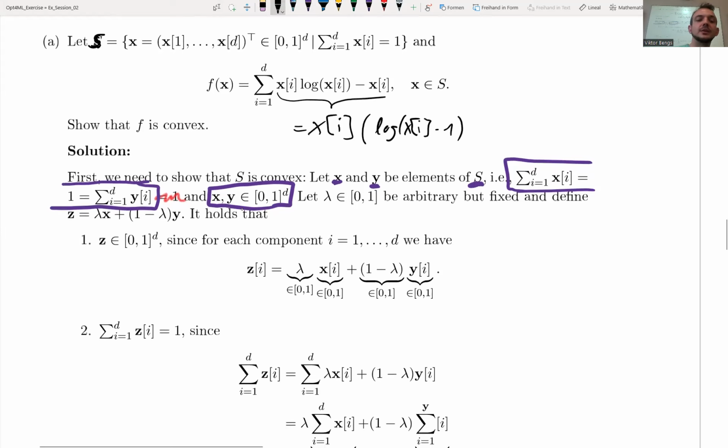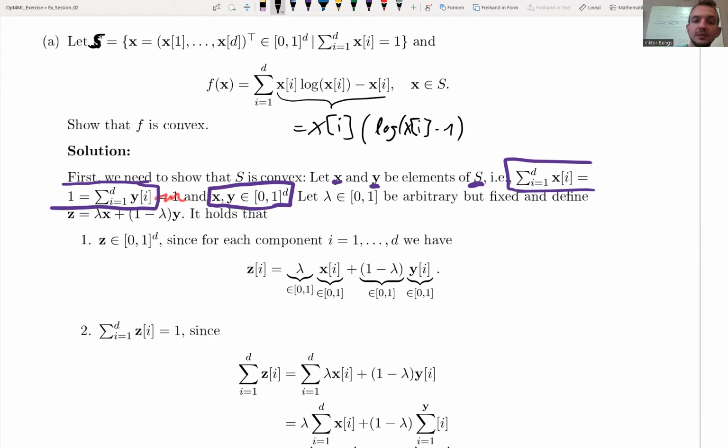All right, so we need to check two properties. First, that the components of z are all between 0 and 1. This is done quite quickly. Let's have a look at the ith component for any i you like, 1 till d. This is lambda times the ith component of x plus 1 minus lambda times the ith component of y. All of these things are between 0 and 1. The lambda comes from the unit interval 0 to 1.